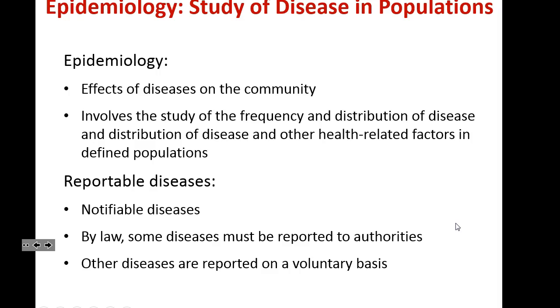Epidemiology involves the study of the frequency and distribution of disease and other health-related factors in defined populations. Notifiable diseases are reportable. They have to be reported. If you go to an emergency room and have one of these notifiable diseases, the doctor has to notify the Centers for Disease Control. By law, some diseases must be reported to authorities. Other diseases are reported on a voluntary basis.